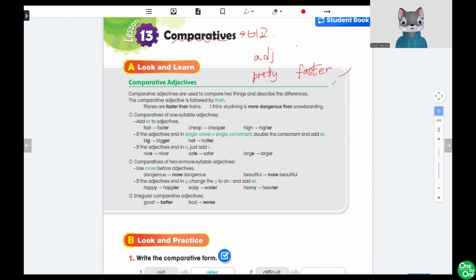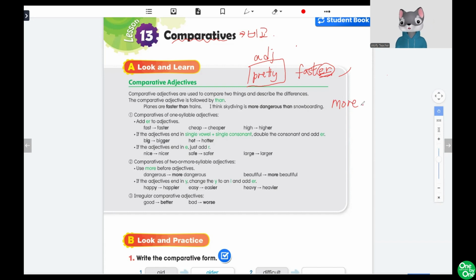But there is a problem though. So if the word itself has only one or two syllables, we can add an ER in the end. But if it's more than one or two syllables, which means if it's roughly about 3 syllables, 2 to 3 syllables or more, then we can't use the ER. We need to use the more in the beginning.